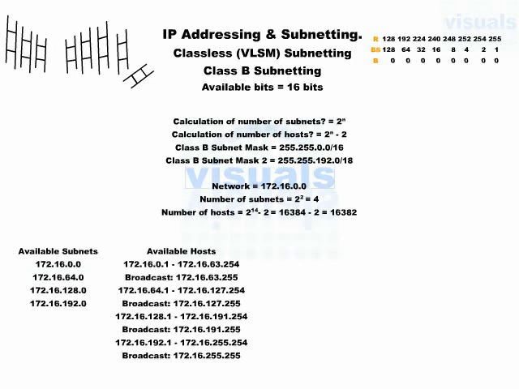Now the default subnet mask is 255.255.0.0. This time I'm going to apply 2 bits for subnets, and by applying 2 bits on the third octet, just note the point, third octet, we are getting 255.255.192.0. For 192, the block size is 64.